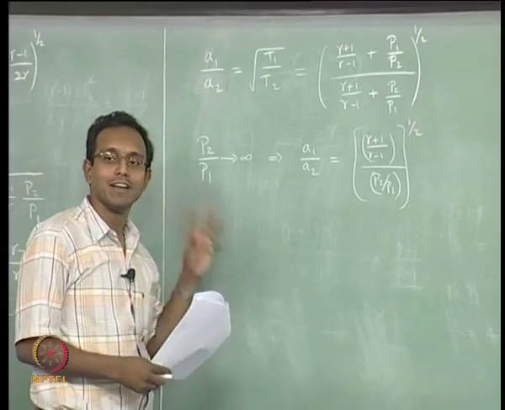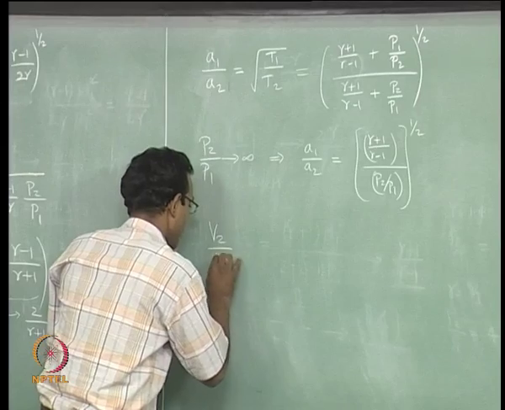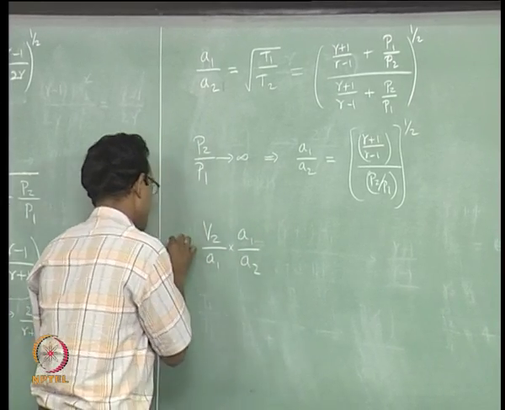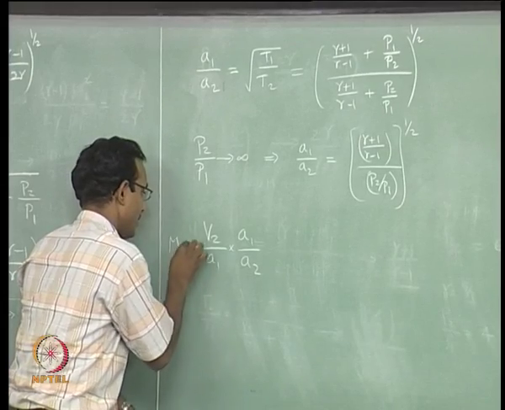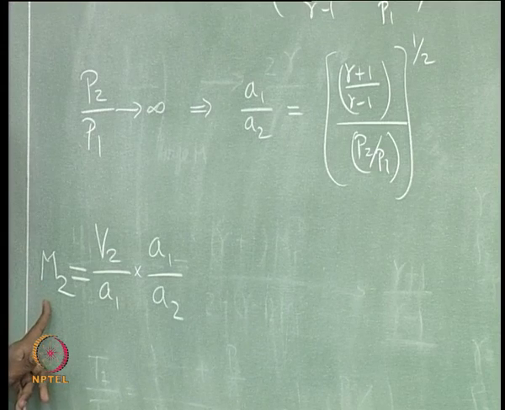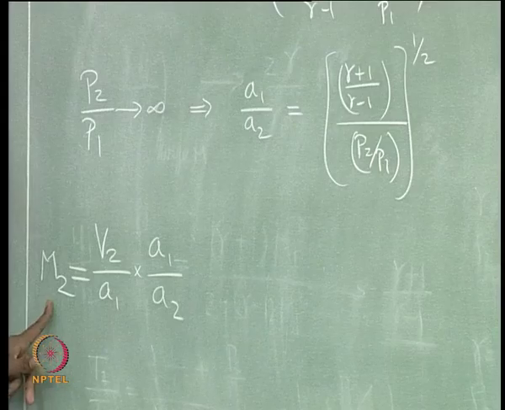Now, I want to write it with the V2 by A1 we already have. V2 by A1 into A1 by A2 is my M2, which is my Mach number of the flow induced due to the shock, that is this value.